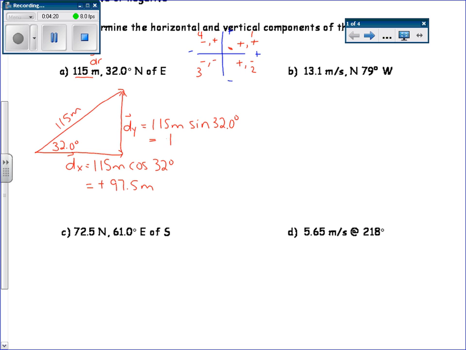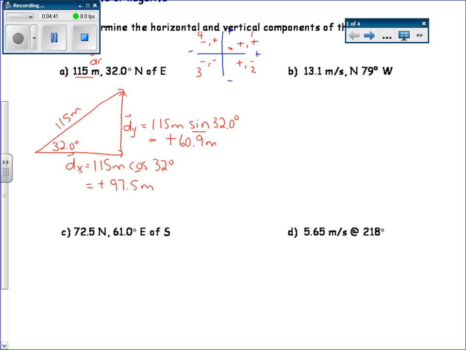And in this case, you're going to get positive 60.9. As long as you've drawn your horizontal component first, x is always cos and y is always sine. If you draw your vertical first, then they'll switch. So if you just make sure to always draw your horizontal first, you're not going to have any issues with that.